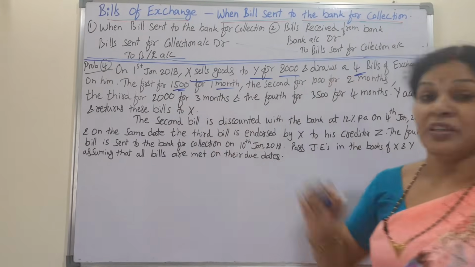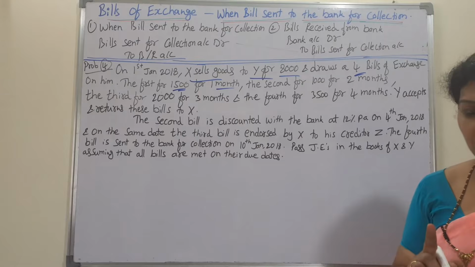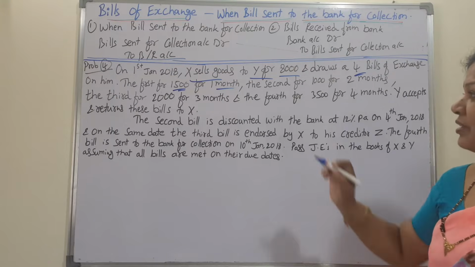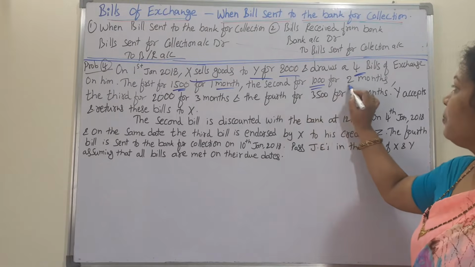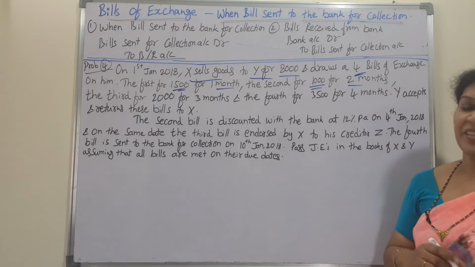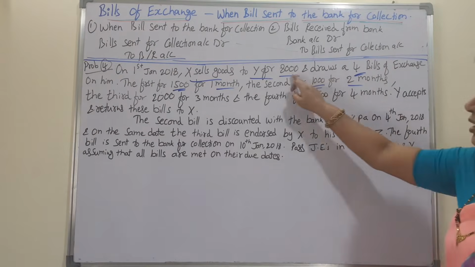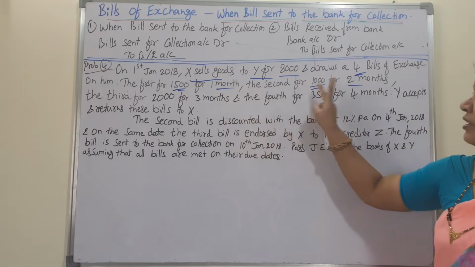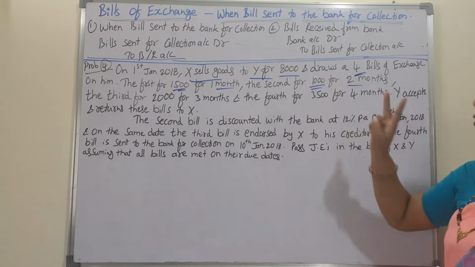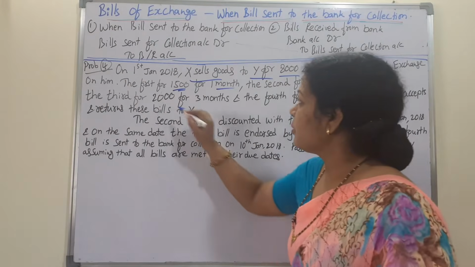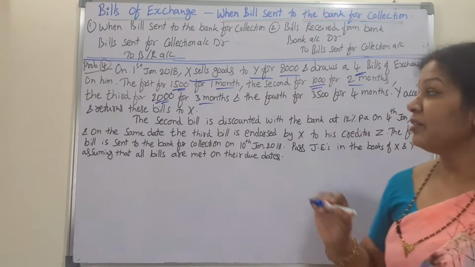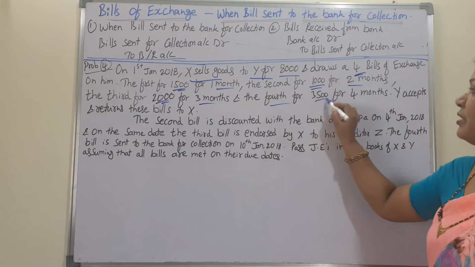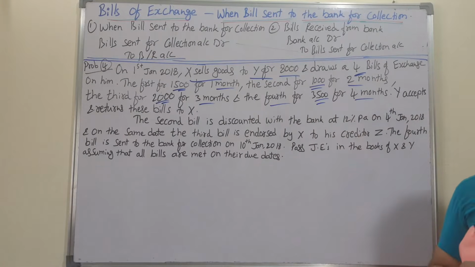The first bill is 1500 rupees for 1 month, and the second is 1000 rupees for 2 months. These 8,000 rupees are divided into 4 bills. The third bill is 2000 for 3 months, and the fourth is 3500 for 4 months.